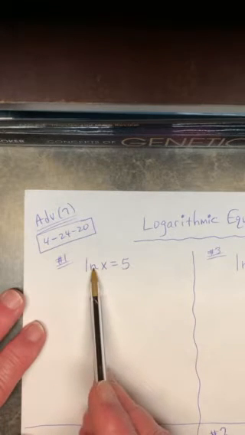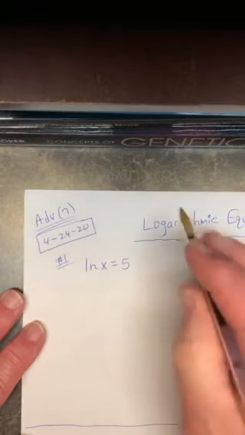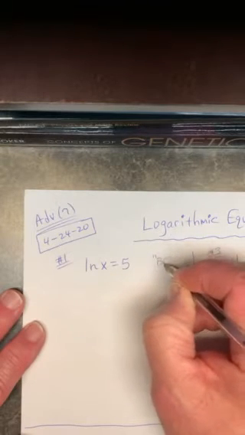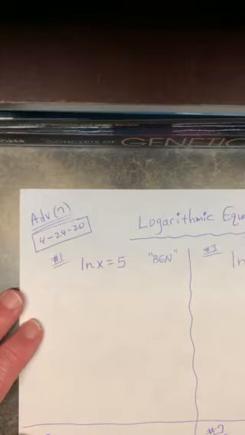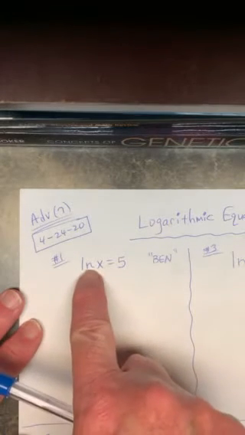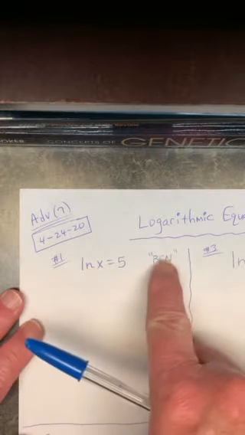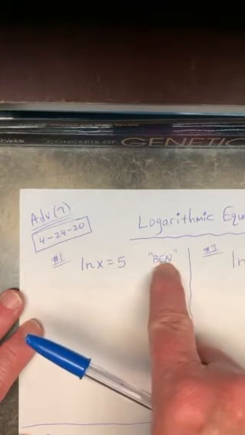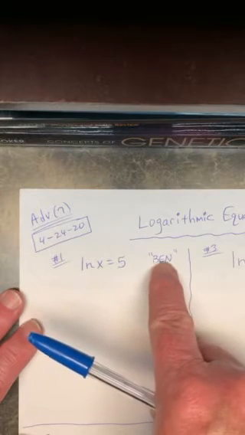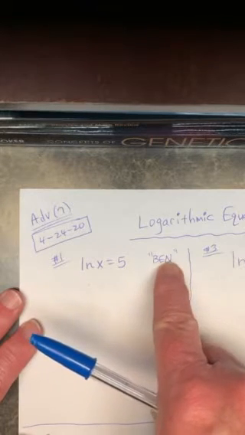If I have an equation and it already has the word log in it, in this case ln, which is a natural log, we're going to go back to our old buddy Ben that we learned a few days ago. Every time you see the word log, think Ben, which stands for what again? Base, exponent, number. Base raised to an exponent, giving me a final number.